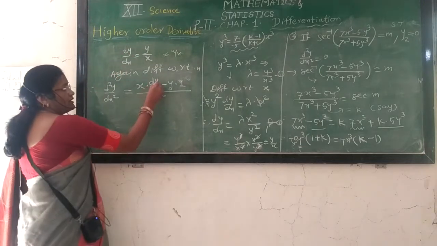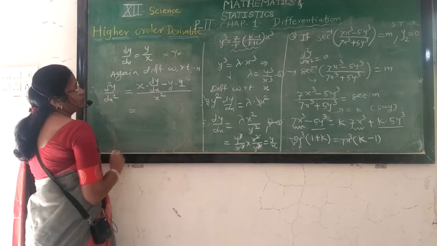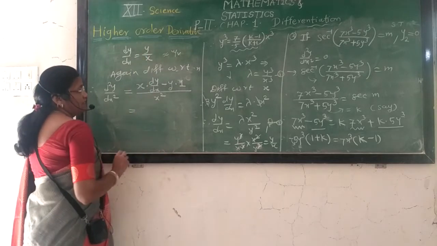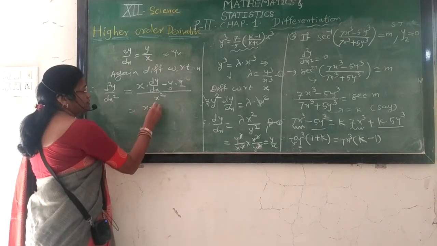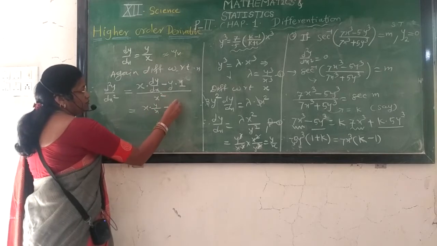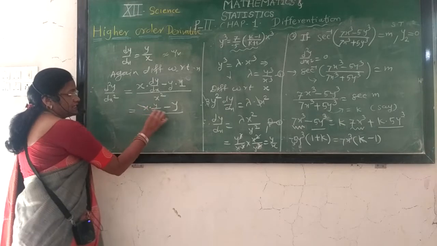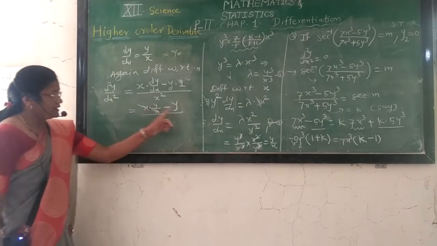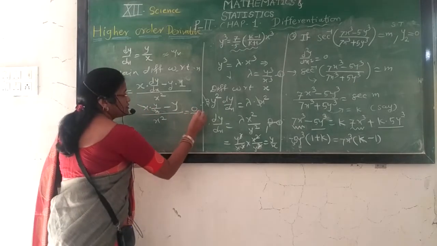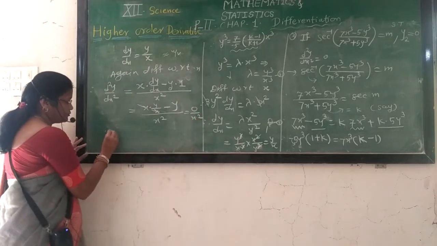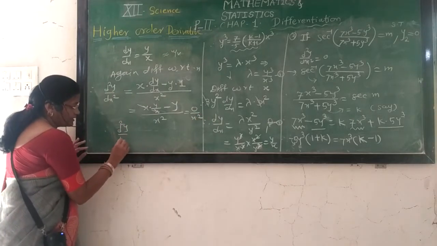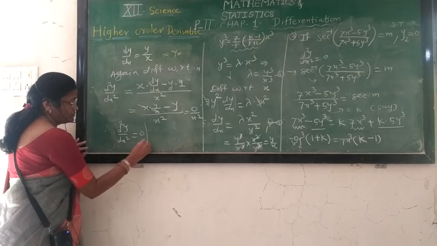So putting the value of dy by dx as y upon x, we get x times y upon x minus y, upon x square. Now this x cancels with this x, y minus y becomes 0 upon x square, and therefore we get d2y by dx square is equal to 0.